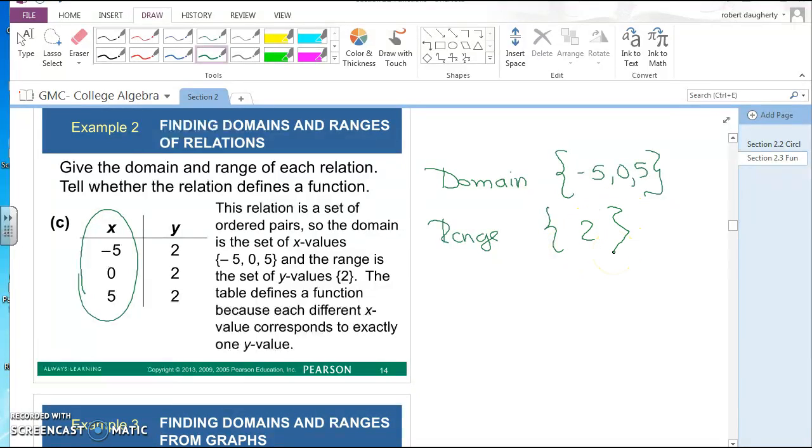That's the only output. Is this a function? It is, because there are no repeated x values. Again, if I listed the points, I would get -5, 2, 0, 2, and 5, 2. Now I have repeated y values, but that doesn't have any bearing on whether it's a function. If I look at this, there are no repeated x values. So yes, this is a function.